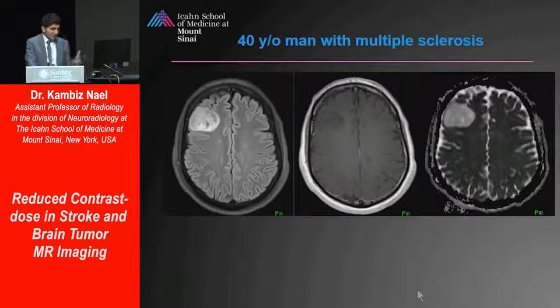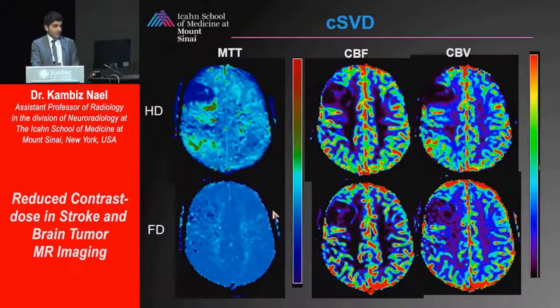So I'm going to show you some clinical cases. This was a 40-year-old man with multiple sclerosis. He has this expansile lesion, sort of cortical-based, and perfusion was requested to evaluate the nature of this lesion. So this patient was scanned with both half dose and full dose. And again, look at the heterogeneity of the maps of both MTT and CBV compared to full dose.